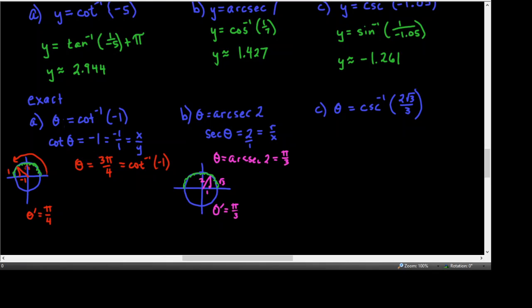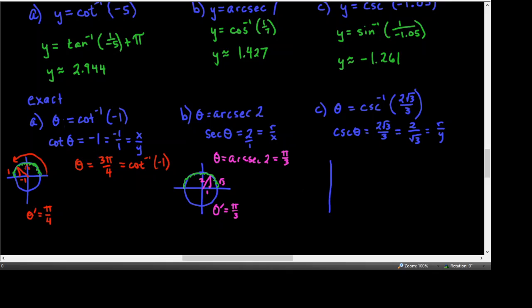Okay, then the last one. Writing that without the inverse, that would become cosecant of theta equals 2 square roots of 3 over 3. I might want to remember where that came from. That came from rationalizing 2 over the square root of 3. Okay, so cosecant is r over y.